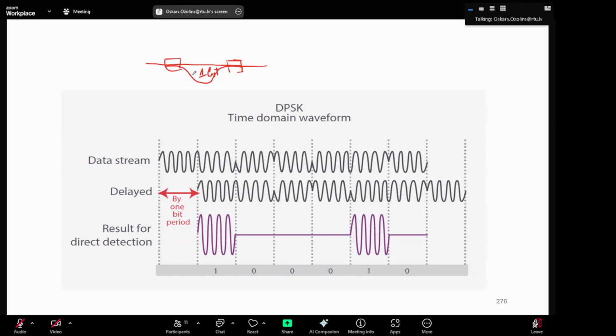So yeah, this was used in the early days when you could still use a photo detector here. But then you needed to use this one bit delay, and due to this delay, if the symbol is the same, it's constructive. If it's opposite, then it's destructive.